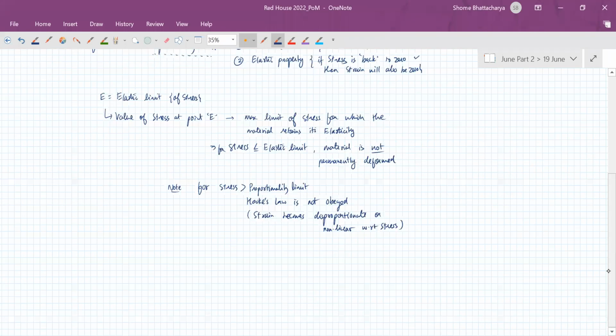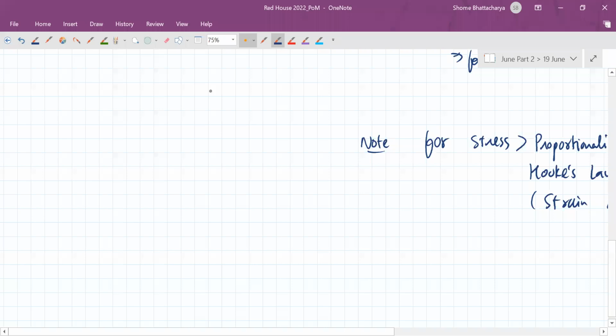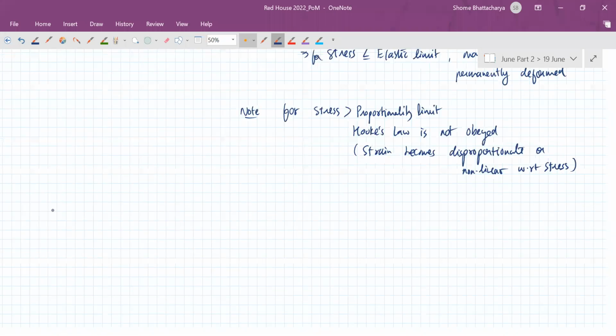Okay, so now let's understand what happens when the level of stress goes beyond the proportionality limit. Sorry, beyond the elastic limit.